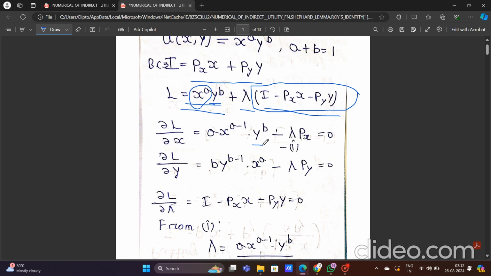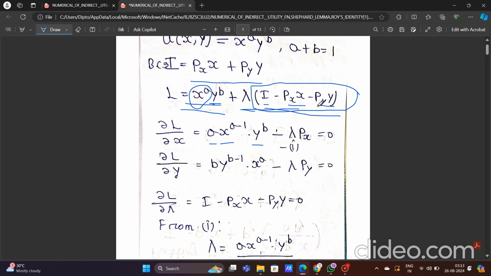The derivative of x to the power a with respect to x is a into x to the power a minus 1. In the part lambda into I minus px into x minus py into y, the derivative of px into x will only occur, but I and py into y will not have any derivative because they don't contain x.